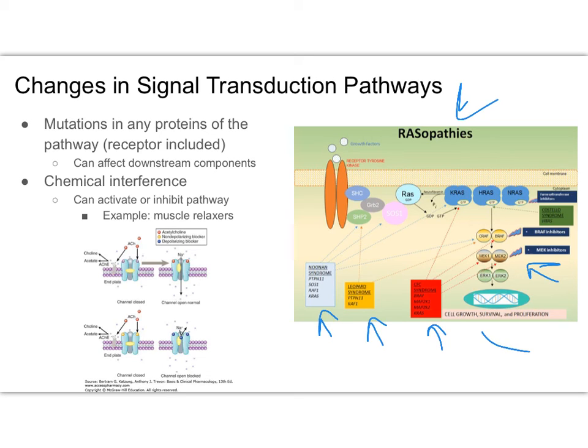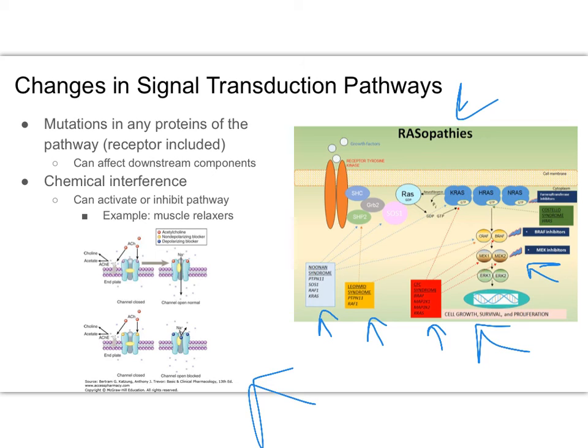Like right here, I've got overgrowth, proliferation, cells surviving when they shouldn't be surviving. And so any kind of changes in these signal transduction pathways can lead to serious consequences for the organism. And so you'd have to break down where these changes are happening to try to target the therapy.